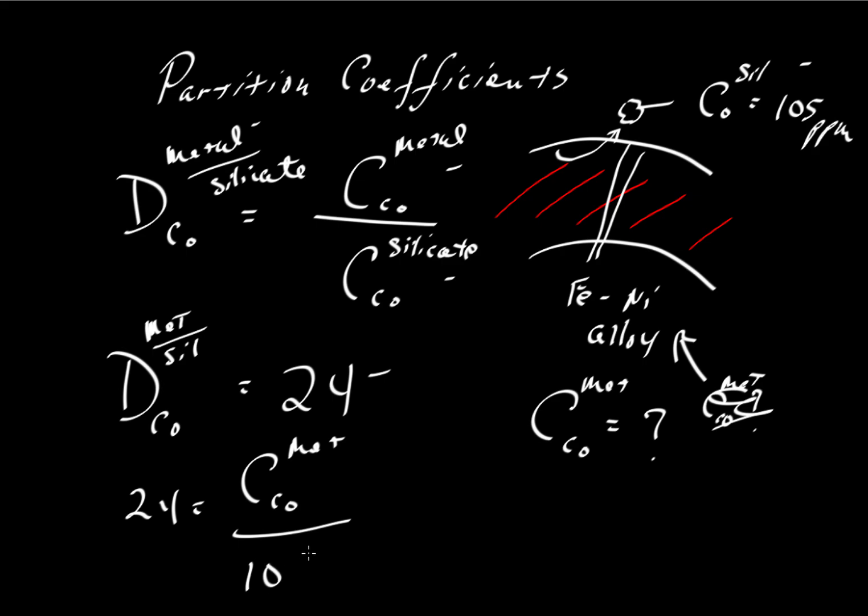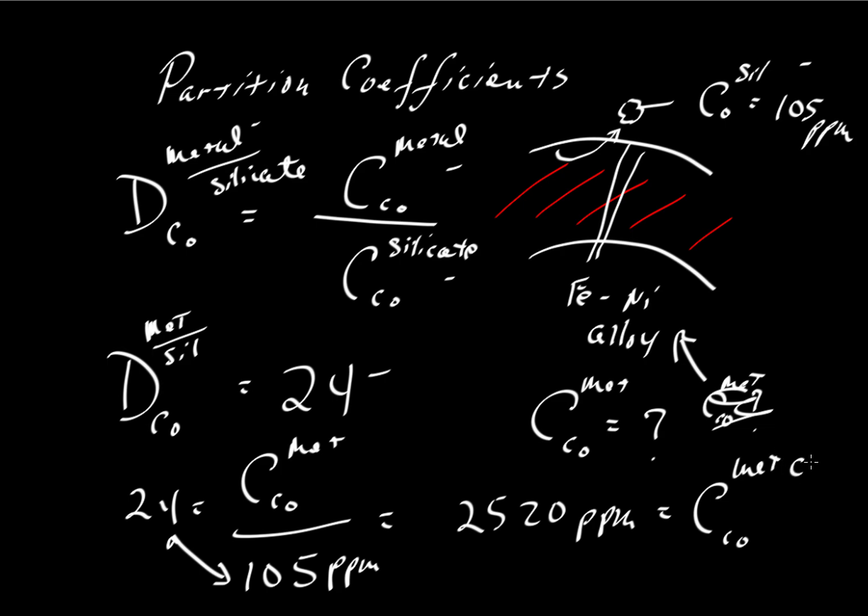We know that. We've analyzed a piece of the mantle, and it's 105 ppm or so, we think. And so the concentration of cobalt in the metallic core would be the product of these two numbers, and that would give us a value of 2,520 ppm. And so this would be the concentration of cobalt in the metallic core.